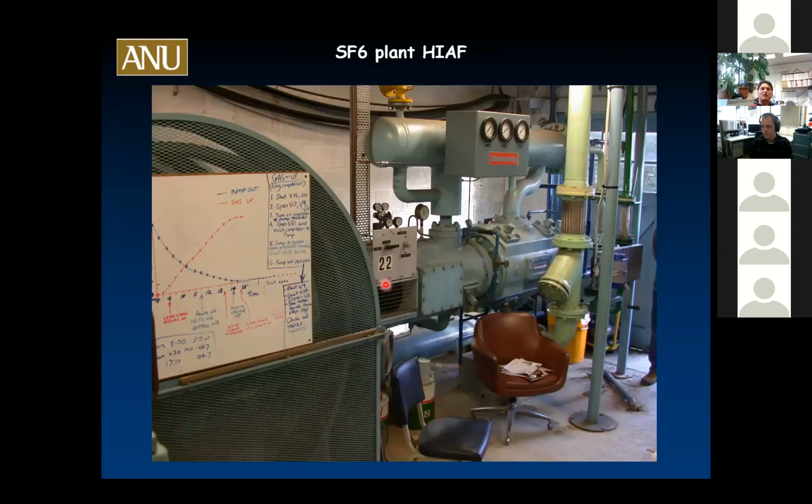At the highest scale, we've got the SF6 plant here at HIAF, and it's a very old plant. This is the compressor. Recently Alan Cooper discovered that we need to maintain this compressor by changing some sealants inside.